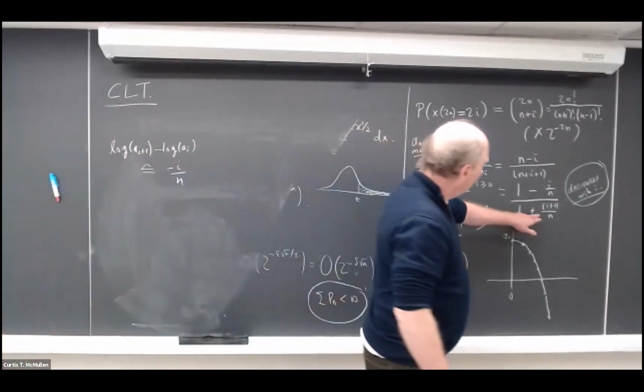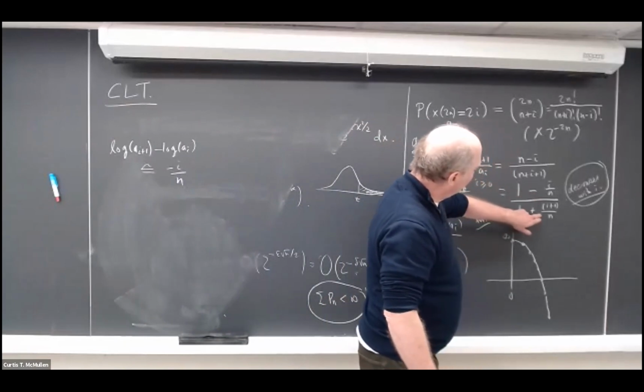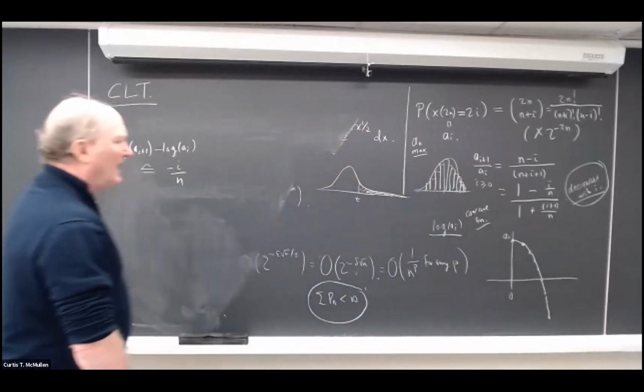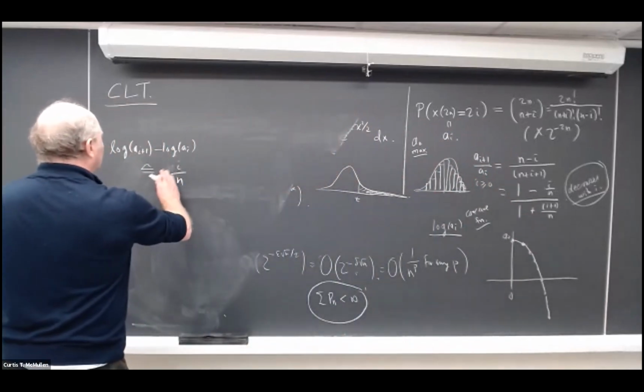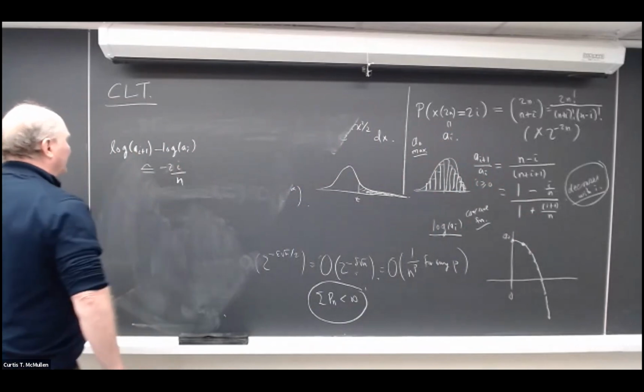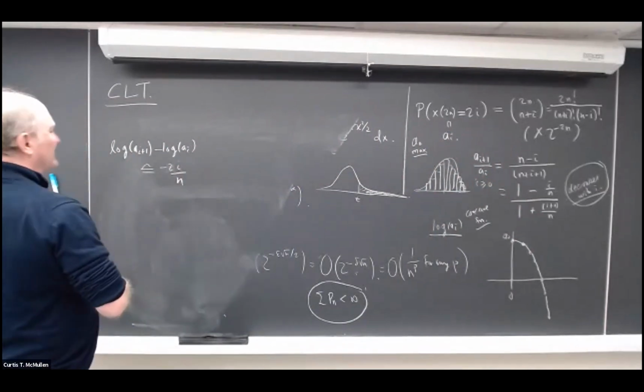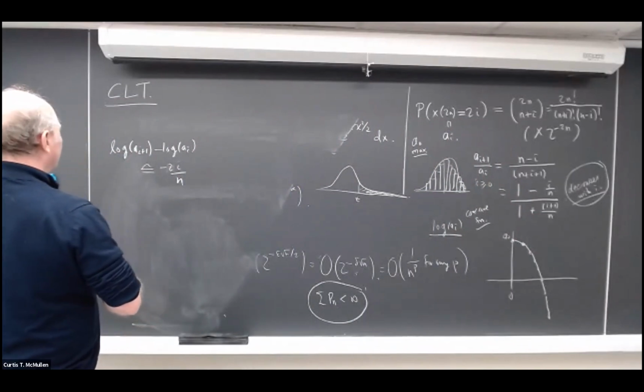And then the log of the denominator is approximately minus (i plus 1) over n. Let's forget about the 1. So it's approximately minus 2i over n. Certainly the first few values of i don't matter very much, and after that, i and i plus 1 are nearly the same.